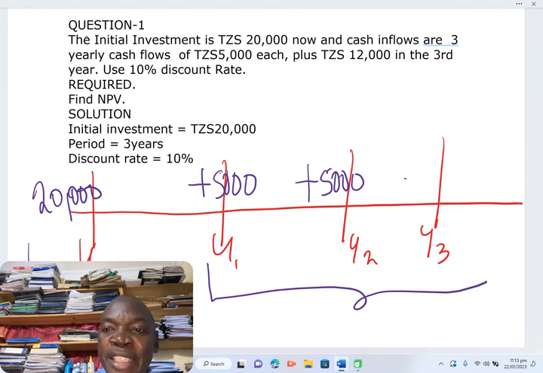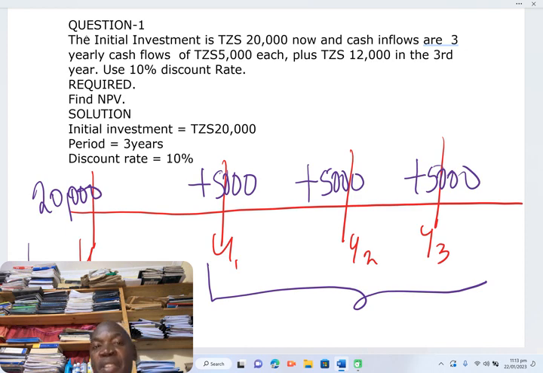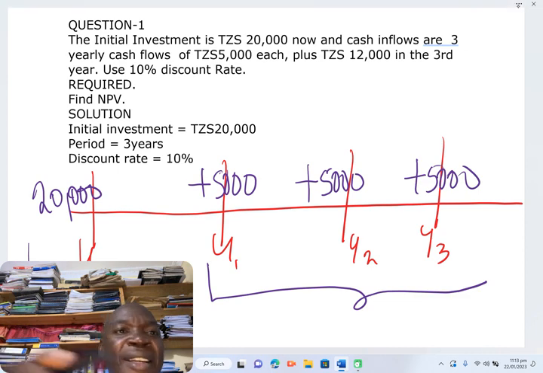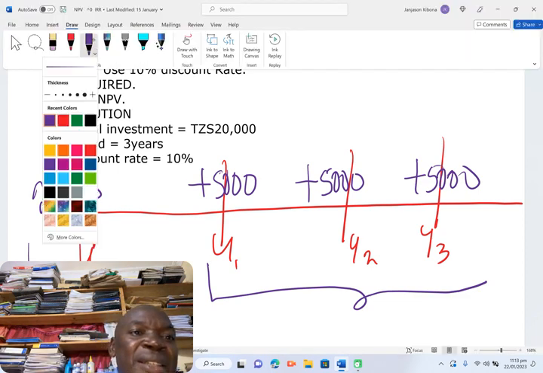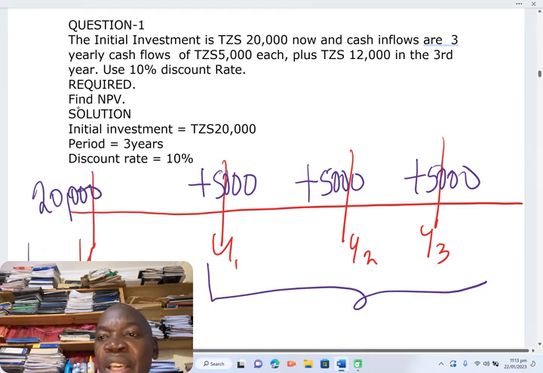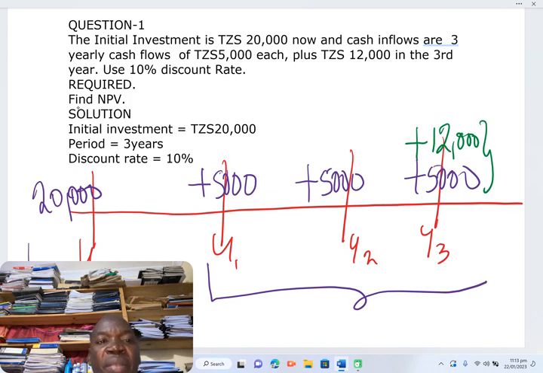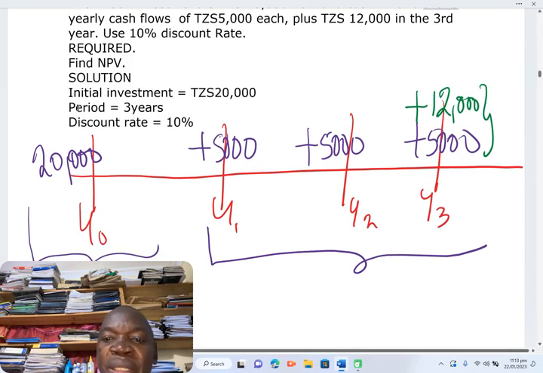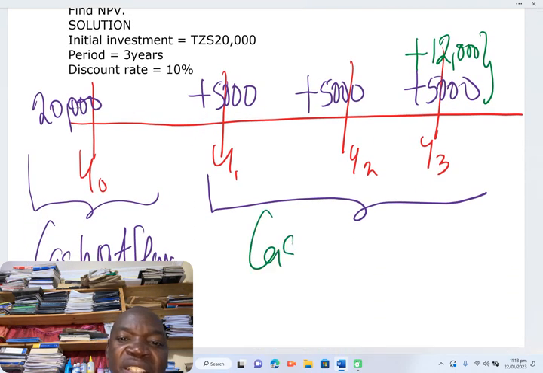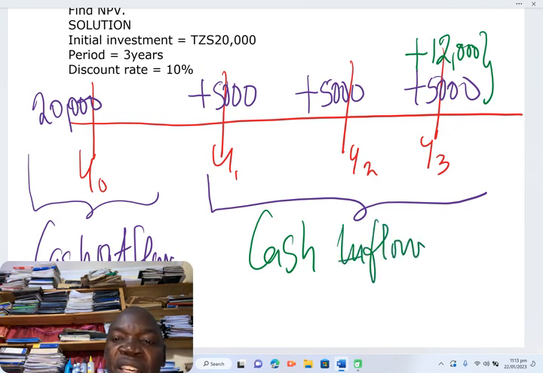Then in year 3, there is also an inflow of 5,000. Now he is saying plus 12 in year 3. So in year 3, there is an additional cash flow of 12. Now, this one is cash inflow.